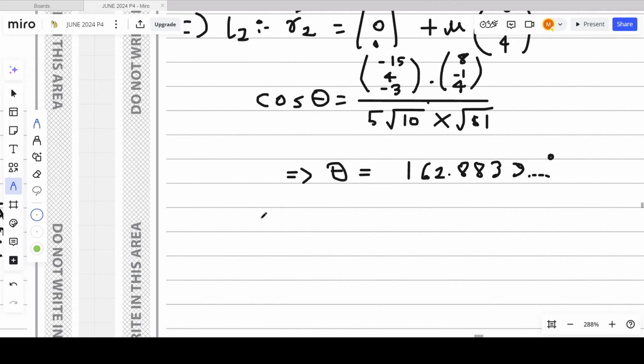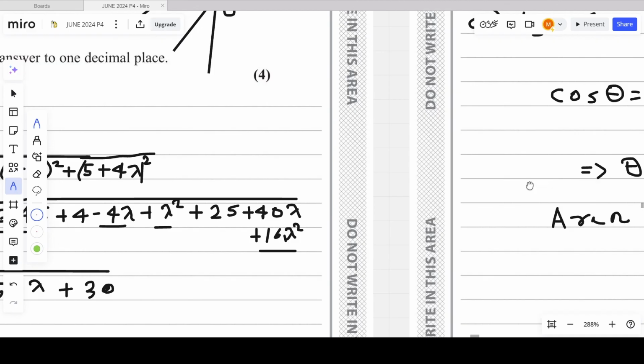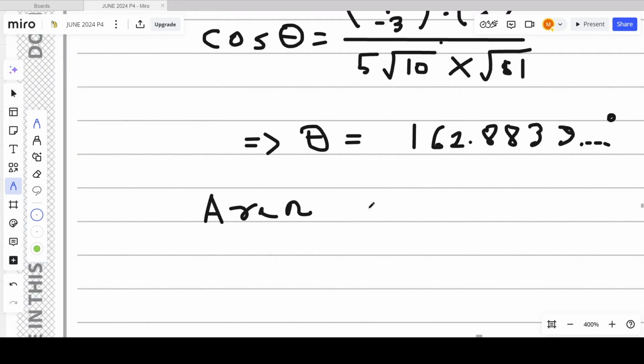Now we can easily find the area. The area of triangle OAB equals half of AB sin theta.